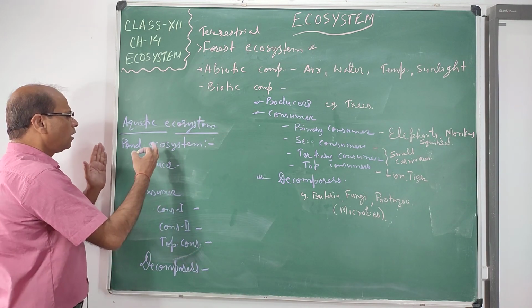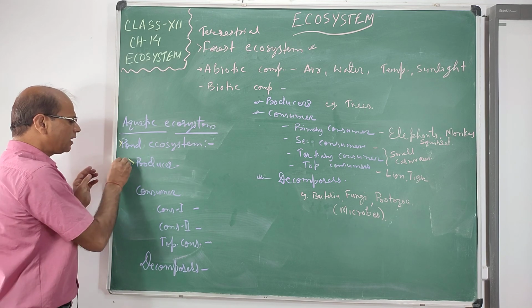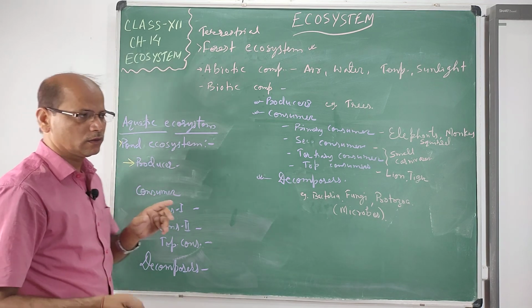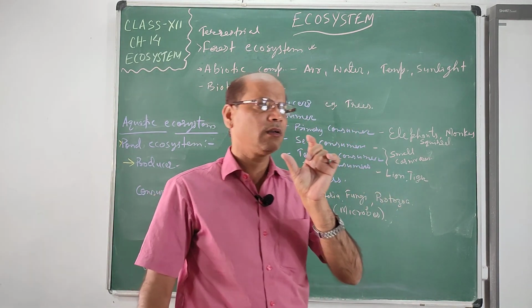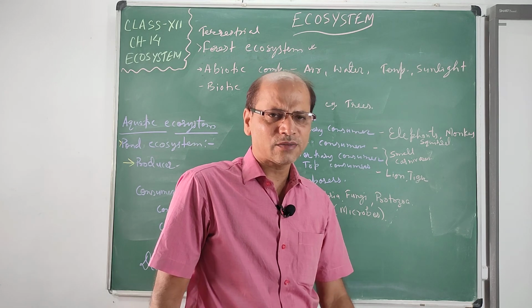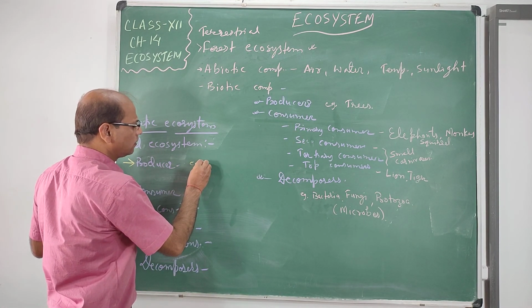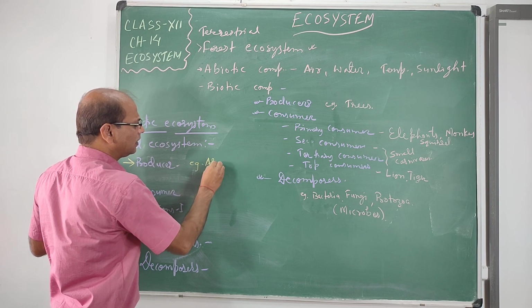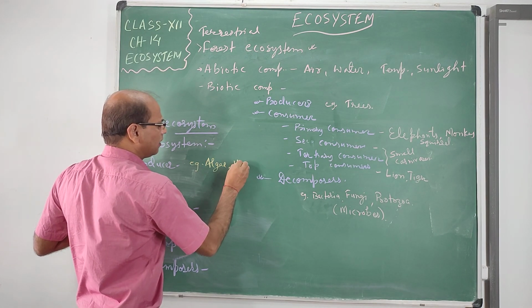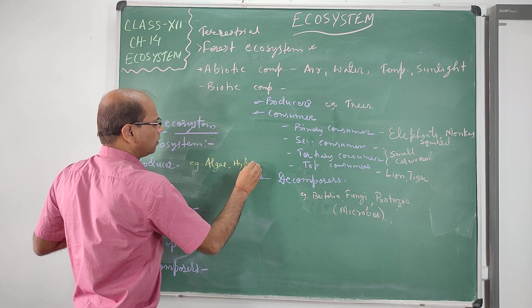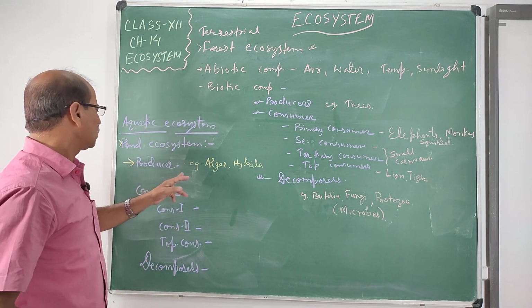So say, the pond ecosystem has the producer. So in a pond, what things become the producer? Small plants, aquatic plants. So aquatic plants may be either algae, or we can say small plants like hydrilla, water lily, water hyacinth.